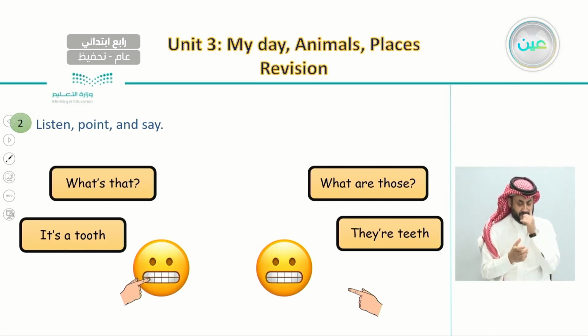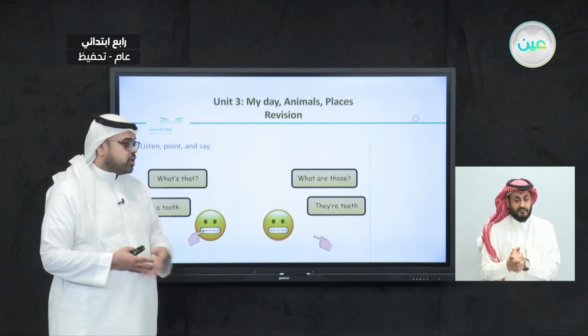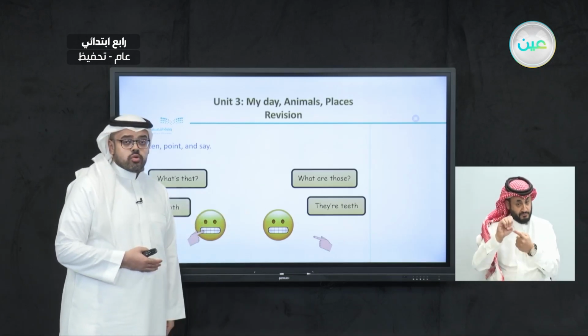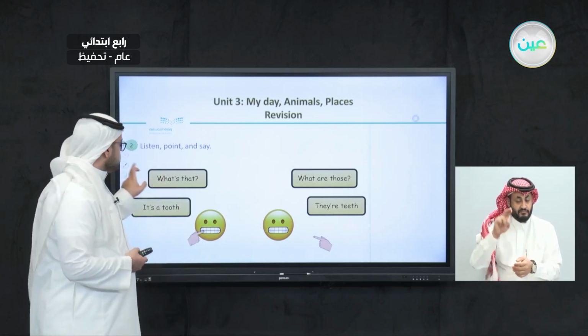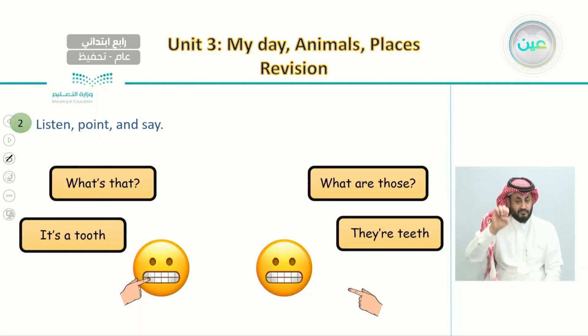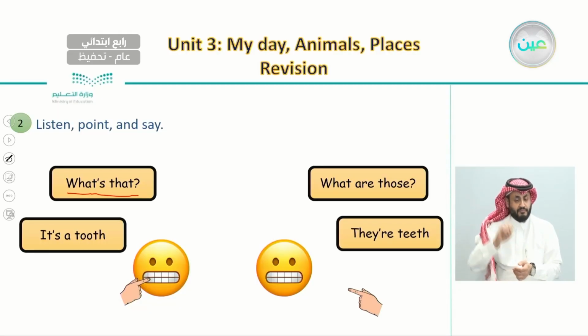But what about if I am asking about more than one thing? In this case, I should start my question with, what are those? So, if I am talking about one thing, I would use, what's that? But if I am asking about more, I would say, what are those?